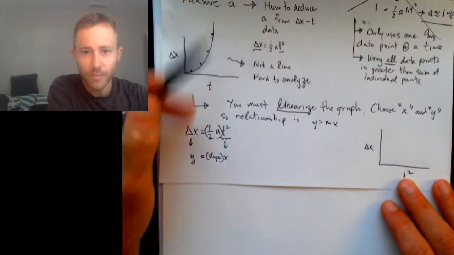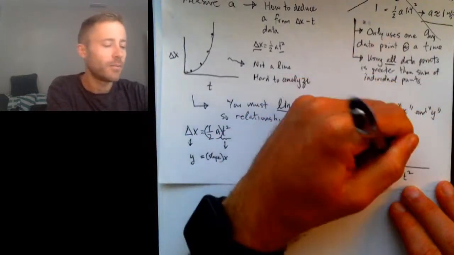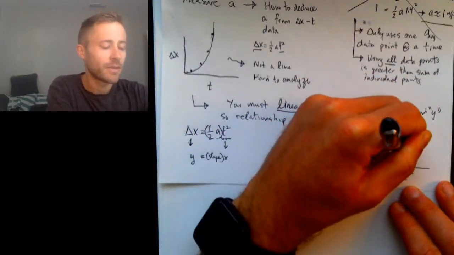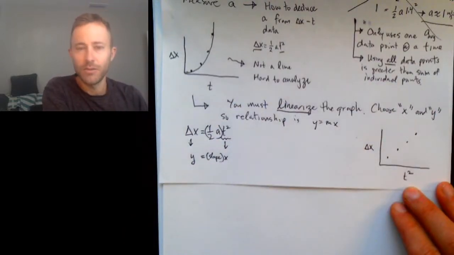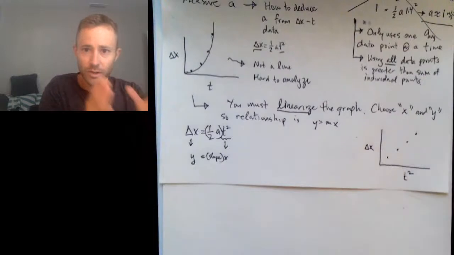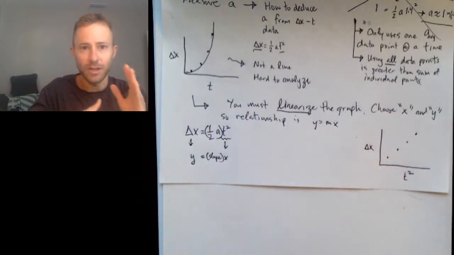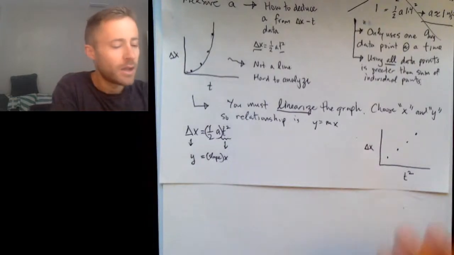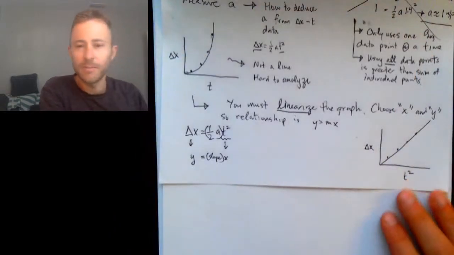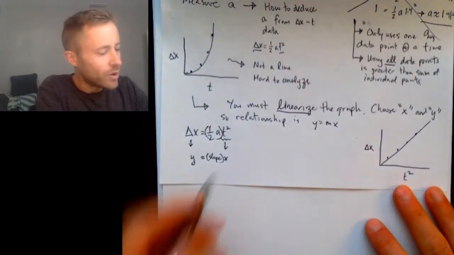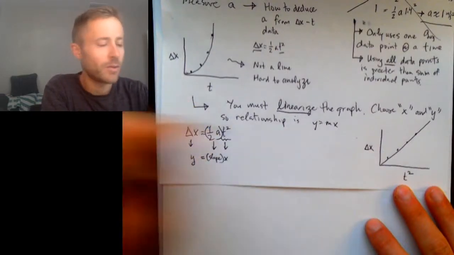But if I graph time squared, my data points would look like a straight line. So we have linearized the data. We have chosen our variables so that the relationship between them is now linear. Then you do the line of best fit, and the slope of that corresponds to the acceleration divided by 2.